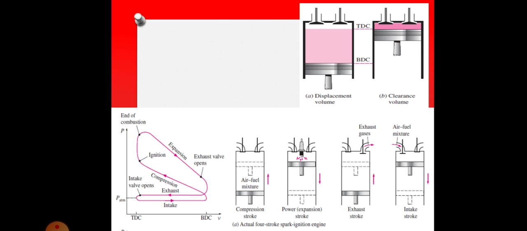The inlet stroke is parallel from TDC to BDC, it is going from top dead center to the bottom dead center. Again it is making a rise, the pressure increasing, the compression stroke. At the end of the compression stroke, ignition takes place and the pressure increases, constant in the volume. At that point, the end of the combustion takes place.